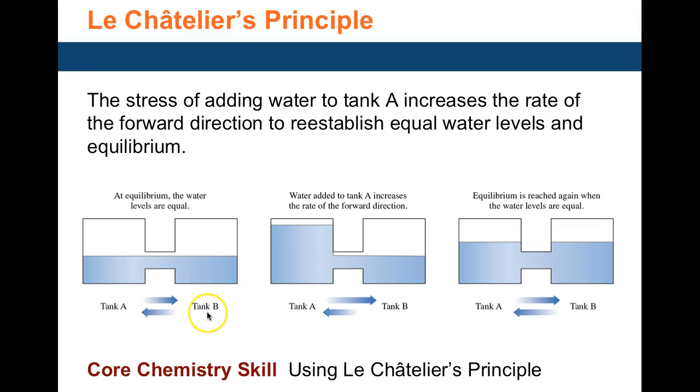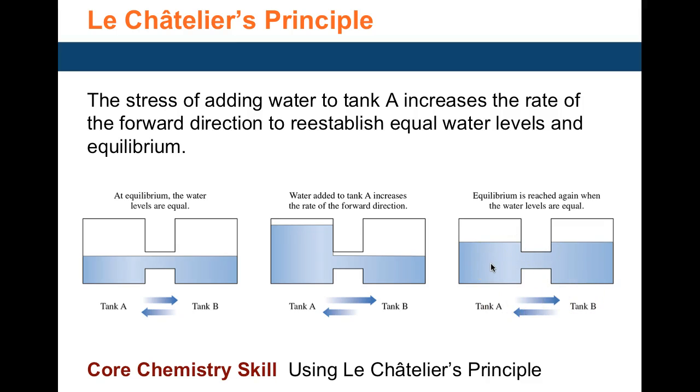So you have tank A and tank B with equal levels of water. Now you add more water in tank A. So what happens? The water level in tank B, the product side, has to go up until some of that reactant side comes down, the product side increases, and a new equilibrium is established between tank A and tank B.